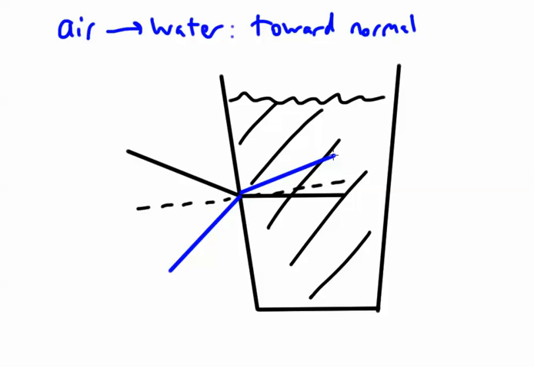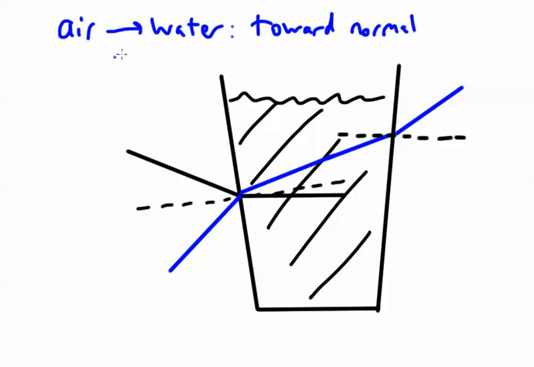And once it reaches the glass again, what happens when it bends its way out? Well, when it goes from the water to the air, it bends away from the normal. So there it is, bending away from the normal when it hits the other side of the water.